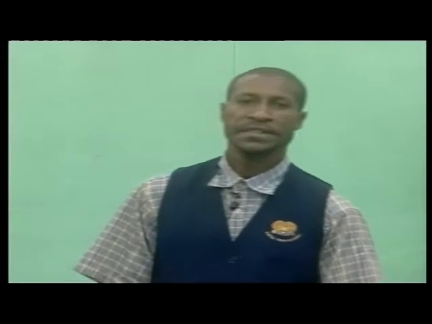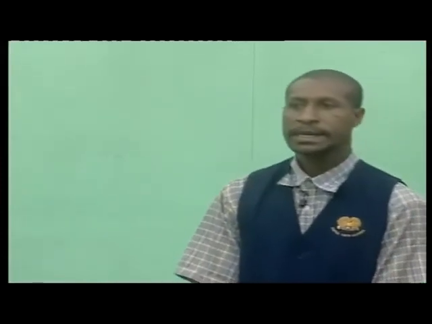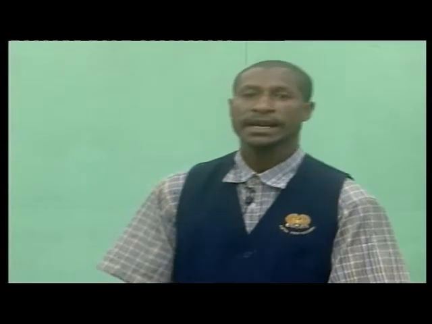Now, to identify what are composite numbers and prime numbers, we will do an activity that will help us to really understand prime numbers and composite numbers. Now, I'd like you to look at the whiteboard.